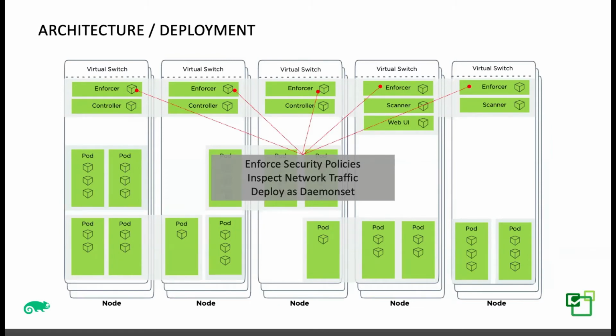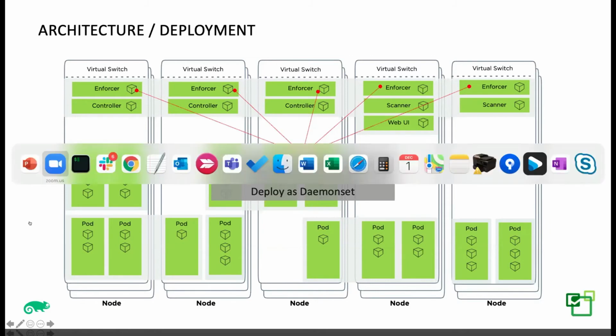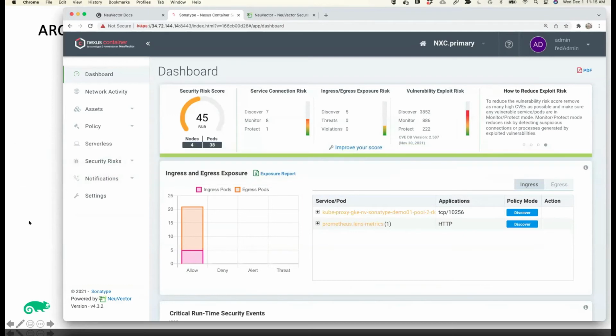It's also going to do all the host scanning that we do, vulnerability scanning of the host, any compliance, CIS benchmarks, and vulnerability scanning of the pods themselves. It's going to collect that information and then send it to the scanner and controller. So that's the NeuVector infrastructure, and I will now jump over to my demo of NeuVector.